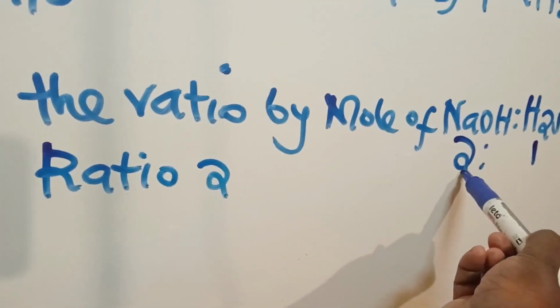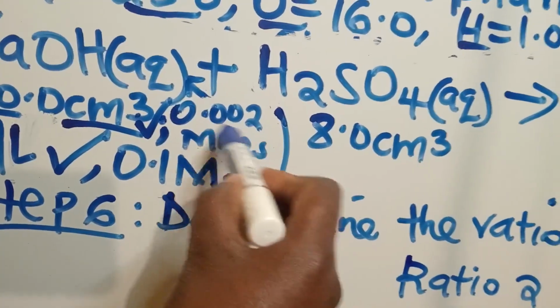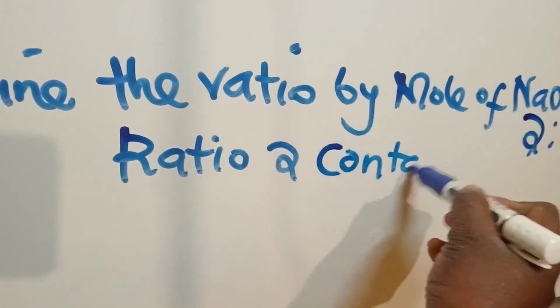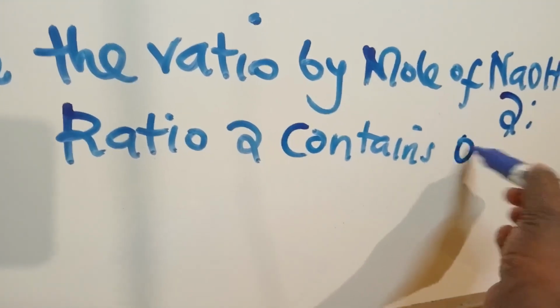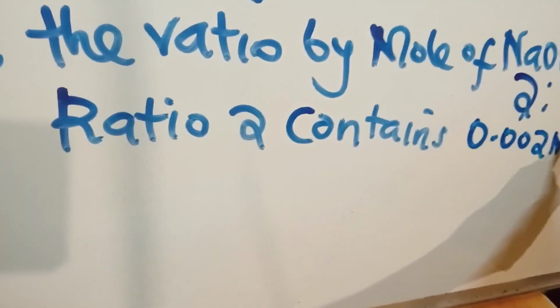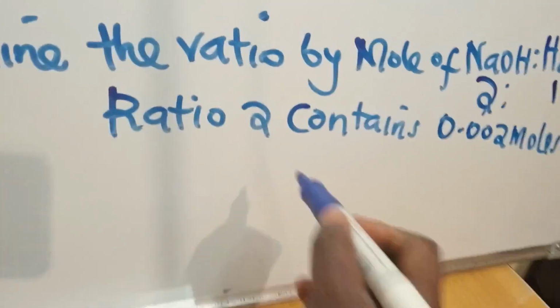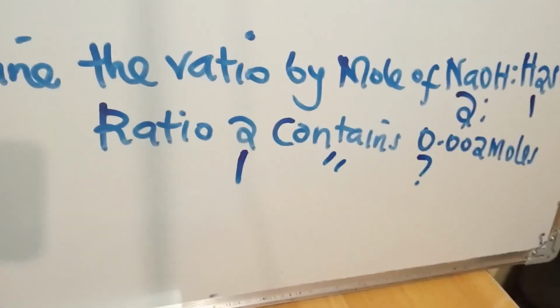of sodium hydroxide has this number of moles, 0.002 moles. What about ratio 1? It contains how many moles?